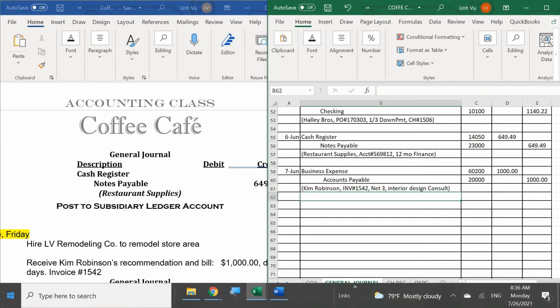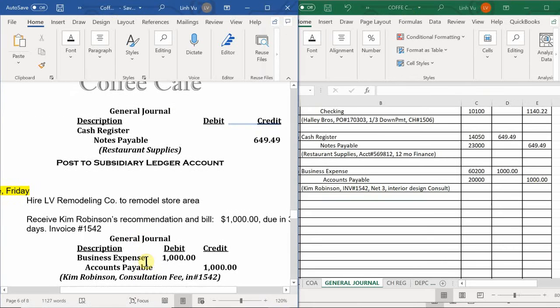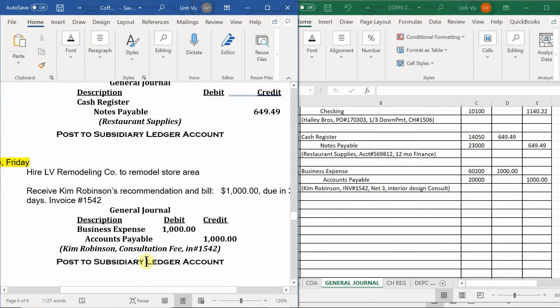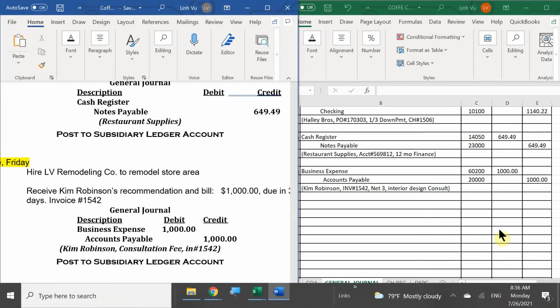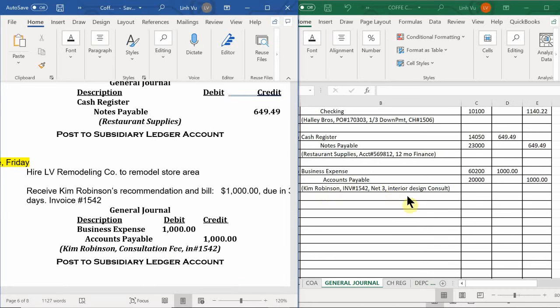We got the invoice number 1542 and extra things here. We have the consultation.